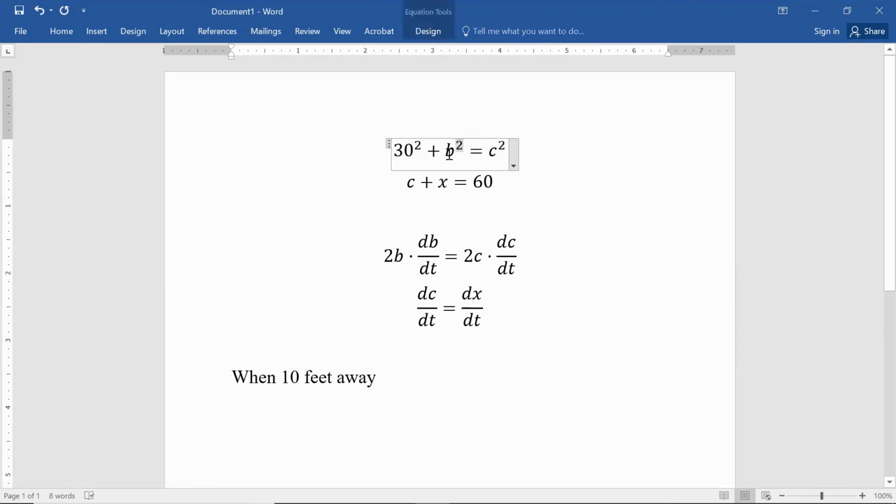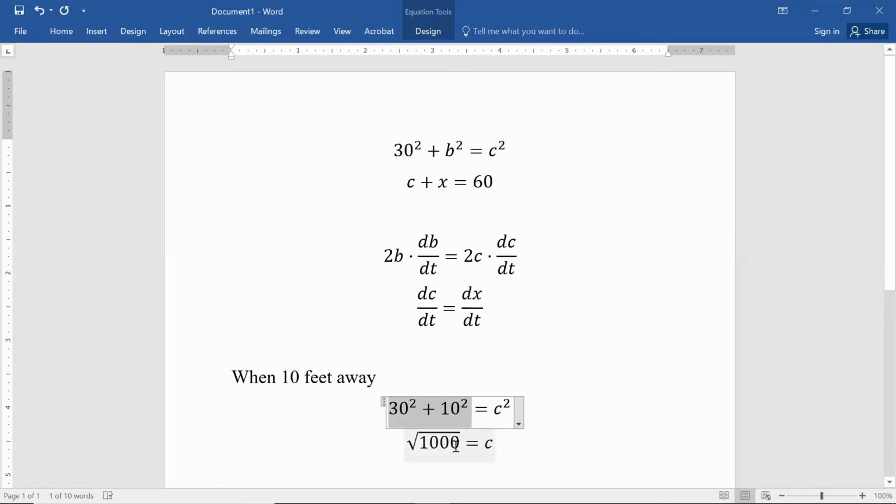I'm going to need a B and the C, so let's figure out when the person is 10 feet away, how much rope is between the person's hand and the pulley. If I solve this equation, you get that the hypotenuse is the square root of 1,000, which does not turn out to be real nice.